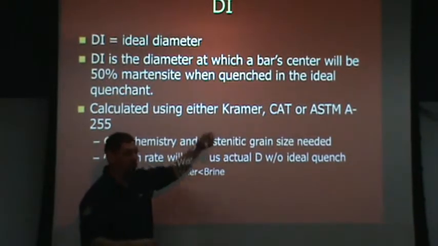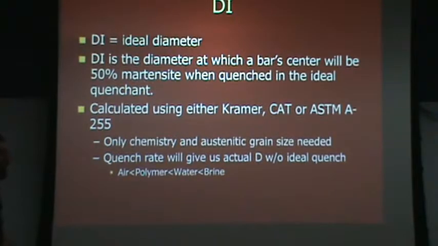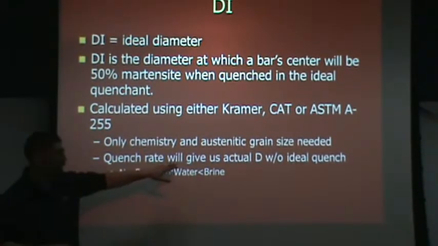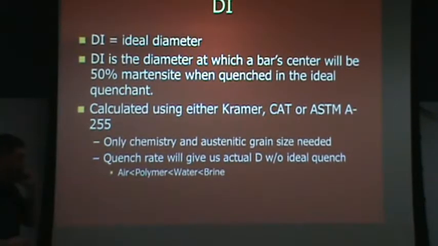I don't know how we ended up with that one as our default method, but it's been that way forever, and we continue to use it. They'll all give you slightly different results, but they're going to be similar, and they're all used in the same way. Some of them do account for austenitic grain size, and some of them don't. That's the big difference there.